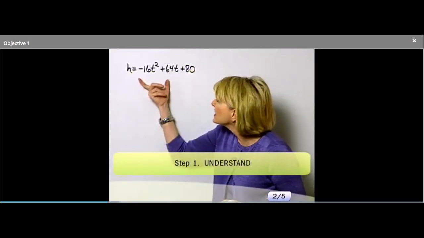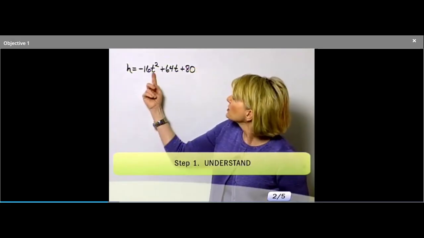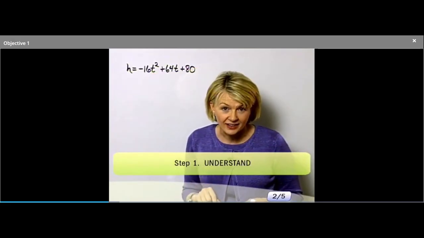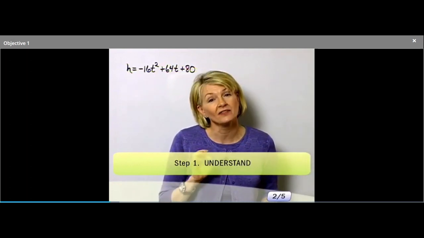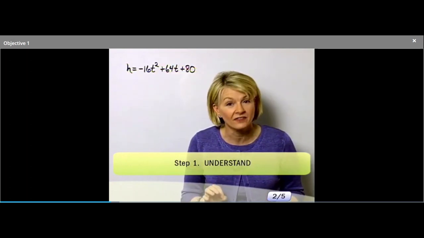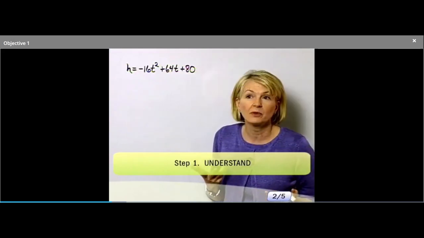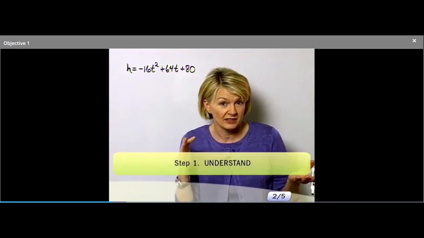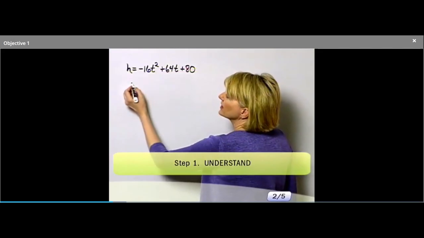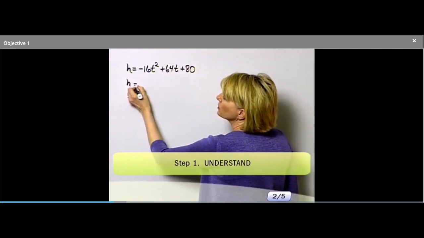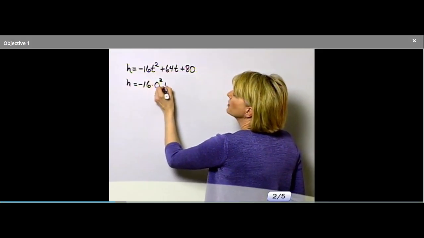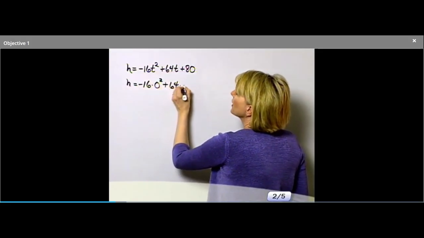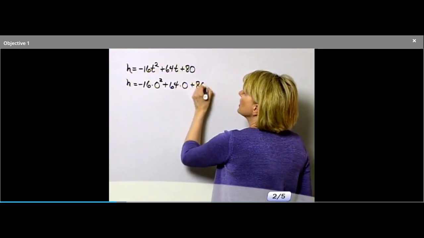Let's remember what this equation means. Remember, t stands for seconds, that's time in seconds, and h stands for height of the object in feet. So, for example, when time is 0, if I let time be 0, I'll have negative 16 times 0 squared plus 64 times 0 plus 80.